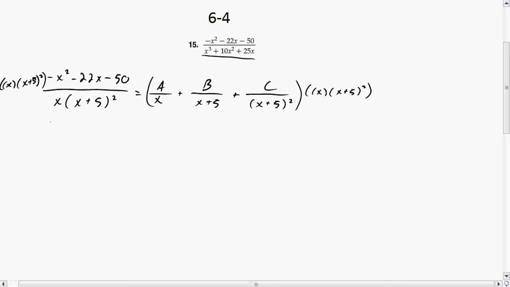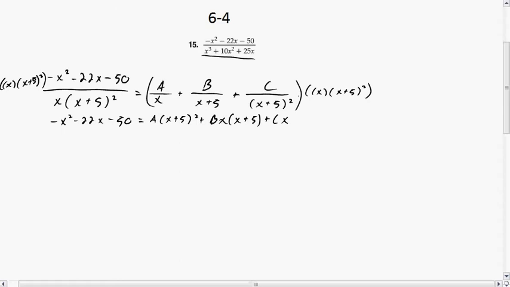Now what we have left on this side is negative x squared minus 22x minus 50. That'll be equal to A times x plus 5 squared, because the x's will cancel, plus Bx times x plus 5, because only one x plus 5 cancels, plus Cx, because the x plus 5 squares cancel.